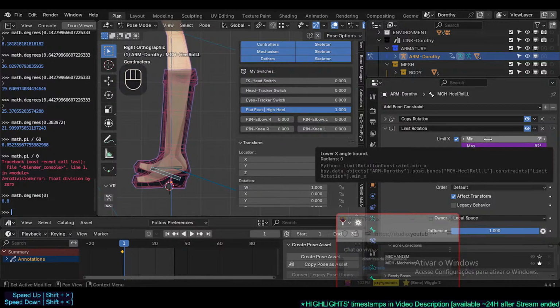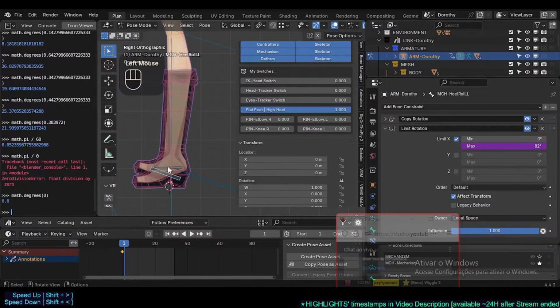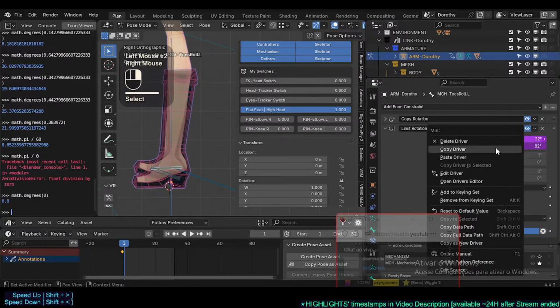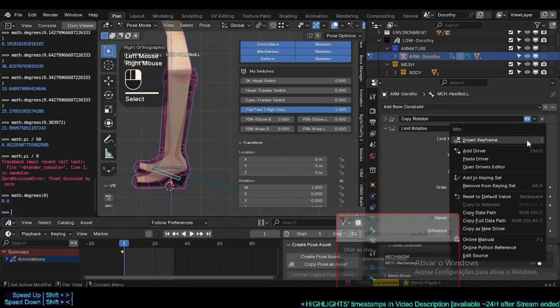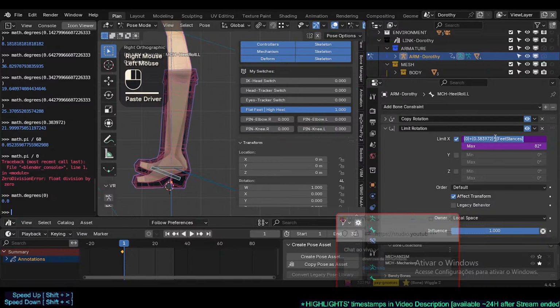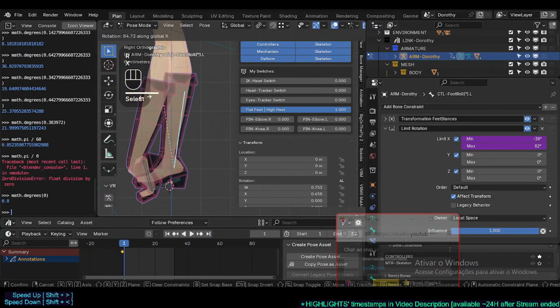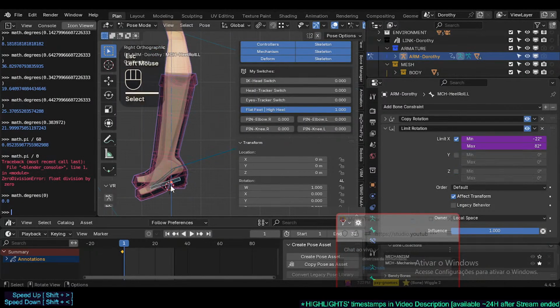Maybe I need to do the inverse here. No, it's not like that. Could it be here?